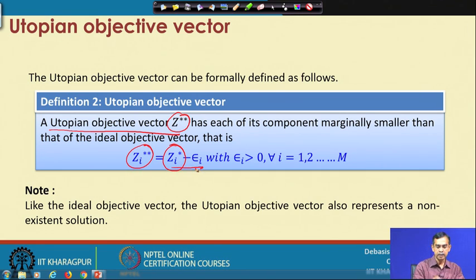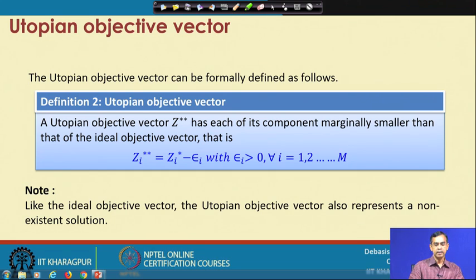That is, z1 star star equals z1 star minus epsilon i, with epsilon i greater than 0. Such a solution is called the Utopian solution, and the solution vector, if it is possible, is also called the Utopian objective vector.